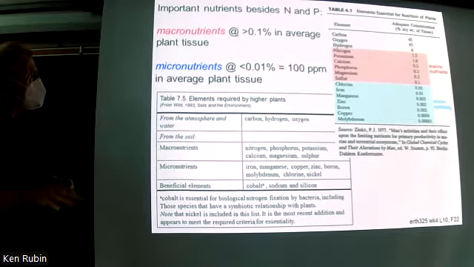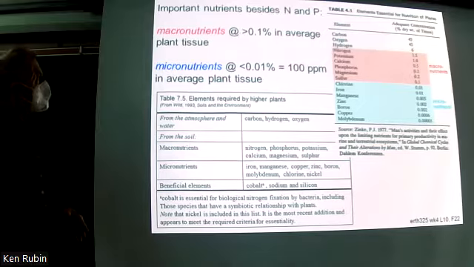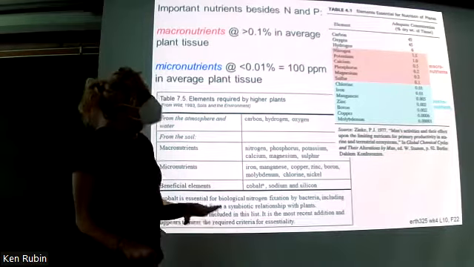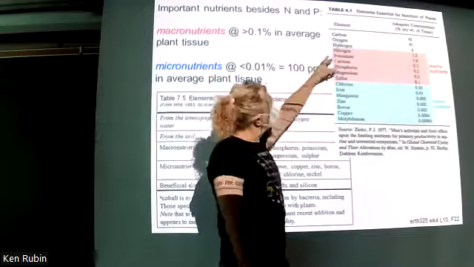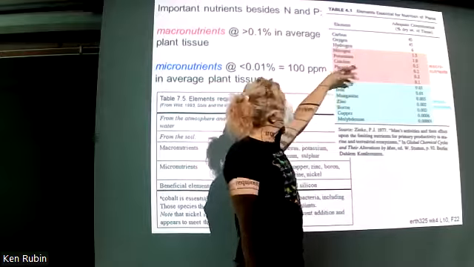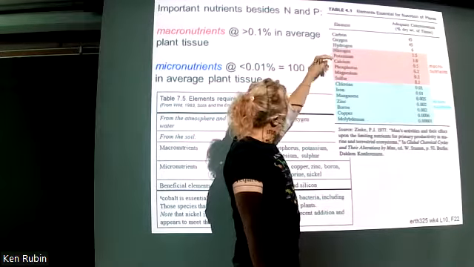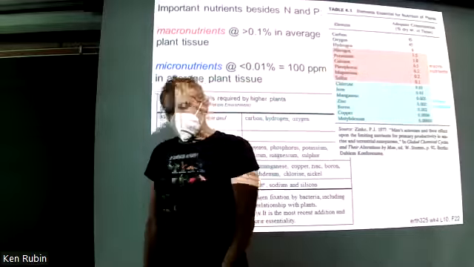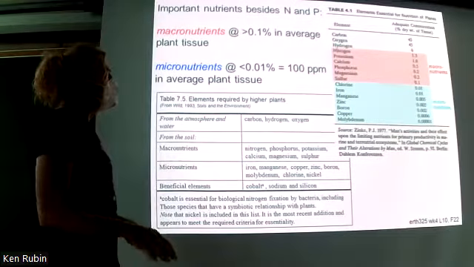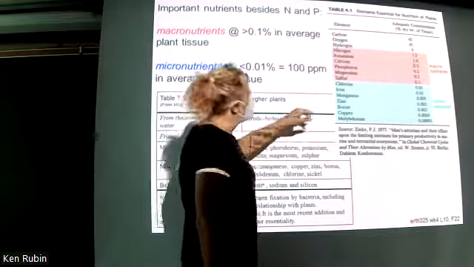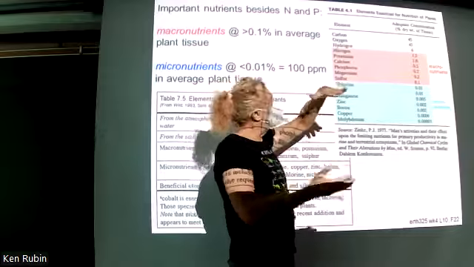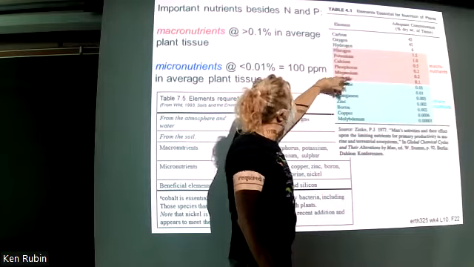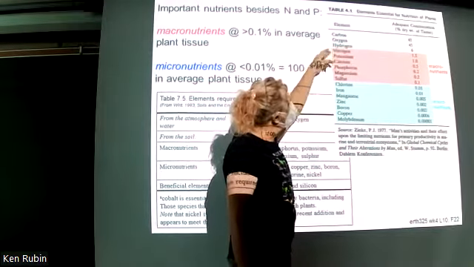So this is a table showing you, for an average terrestrial plant, the dry weight percent of carbon, oxygen, hydrogen. Then the macronutrients, and here the potassium and the calcium and the magnesium and sulfur. Some of the categories I separated out on a prior slide are all lumped together, but mostly you see the nitrogen and the phosphorus.